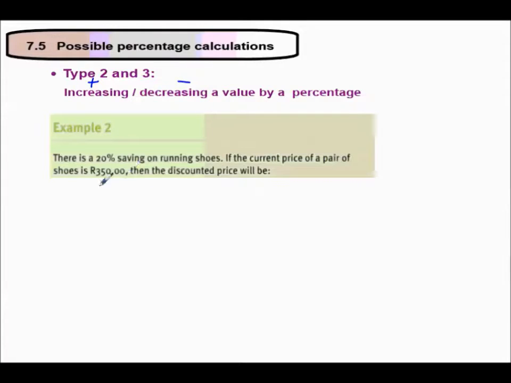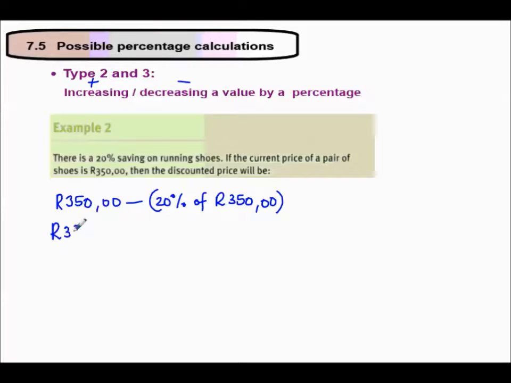So the shoes originally cost 350 Rand. There is a reduction of 20%. So we're going to minus 20% of 350 Rand.